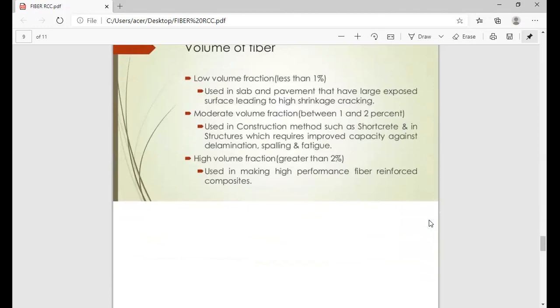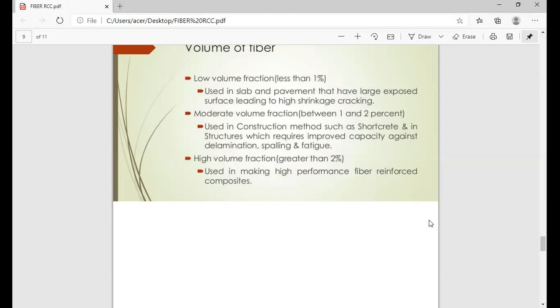If we are talking about the volume of fiber, the low volume fraction is less than 1%, used in slabs and pavements that have large exposed surface leading to high shrinkage cracking. The moderate volume fraction is 1 to 2%, used in construction methods such as shotcrete and in structures which require improved capacity against delamination, spalling, and fatigue.